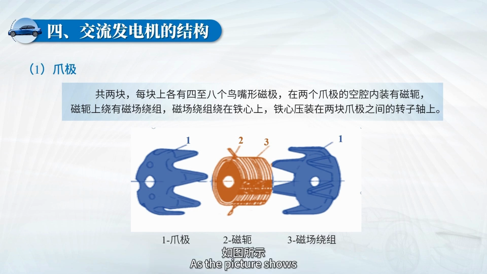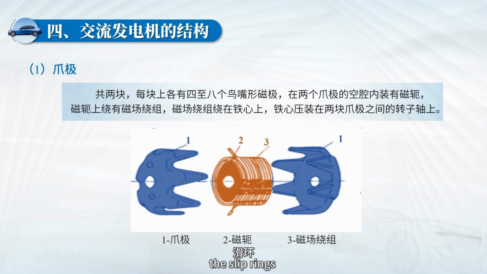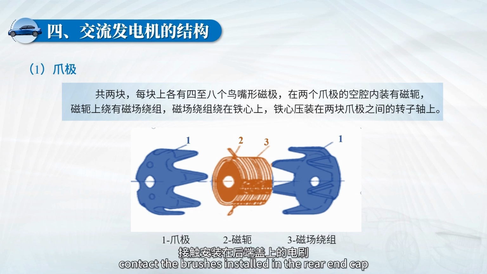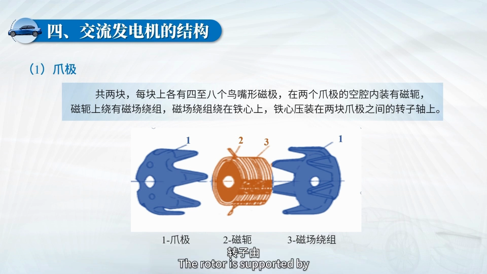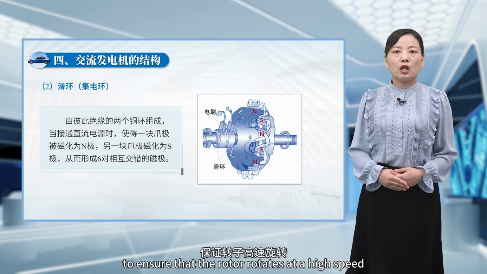As the picture shows, the two leads of the excitation winding are respectively soldered to the two insulated slip rings on the shaft. The slip rings contact the brushes installed in the rear end cap. The rotor is supported by the front and rear bearings in the bearing holes of the front and rear end caps to ensure that the rotor rotates at a high speed.